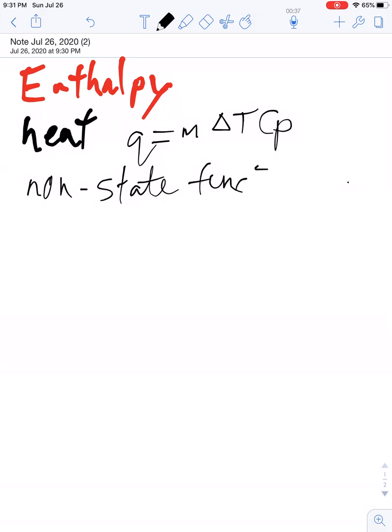In other words, it is path dependent. So let me give you an explanation of why heat is path dependent. So suppose we've got case 1 and case 2. I'm going to start on the second page so I've got more room.